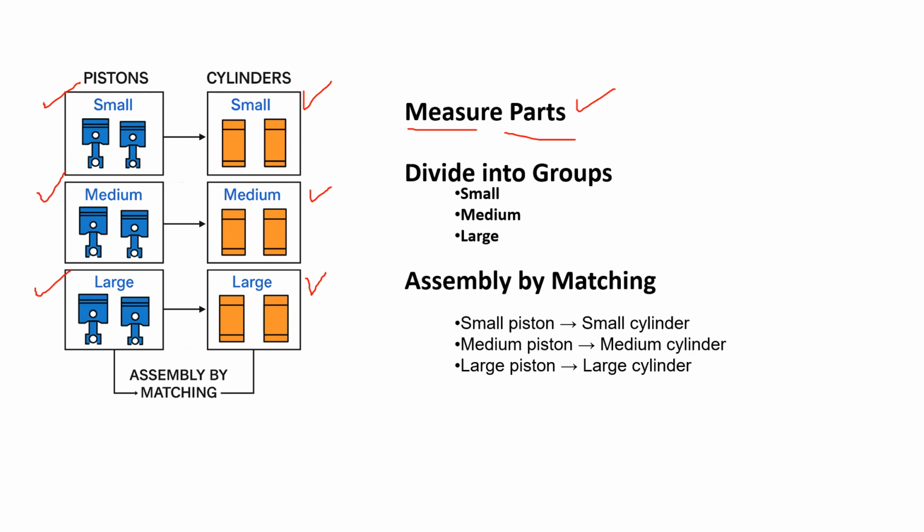After that, we have to make the assembly by matching the sizes: small piston with small cylinder, medium piston with medium cylinder, large piston with large cylinder. This makes the correct assembly for all of the groups.